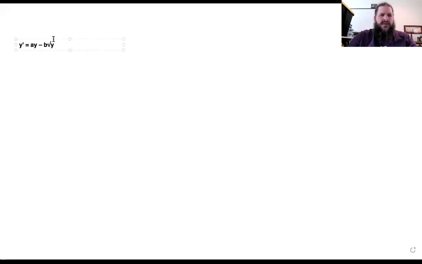Okay, so our differential equation is ay minus b times square root of y. And we want to figure out where do we have equilibrium solutions.